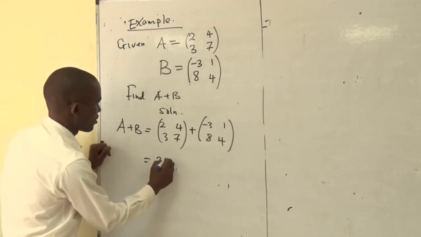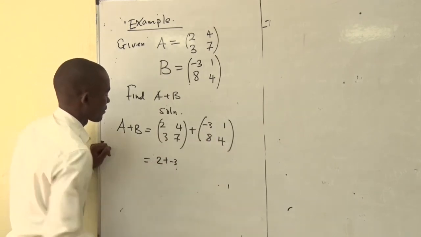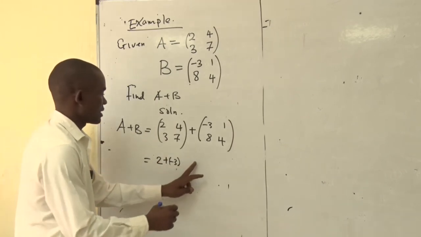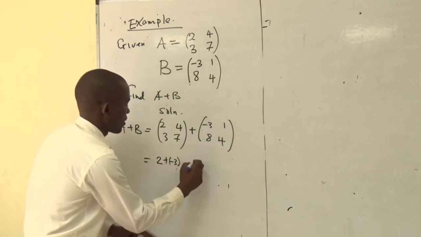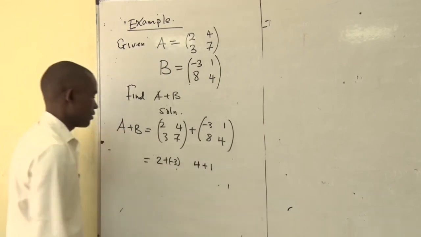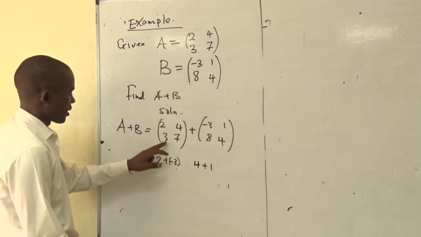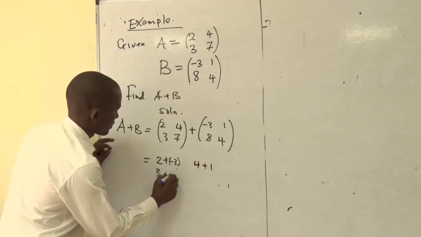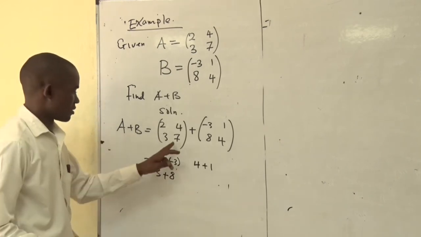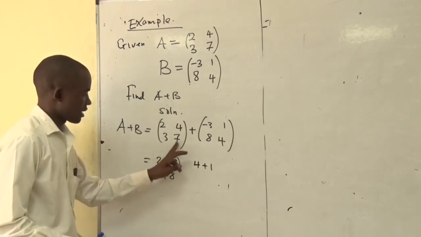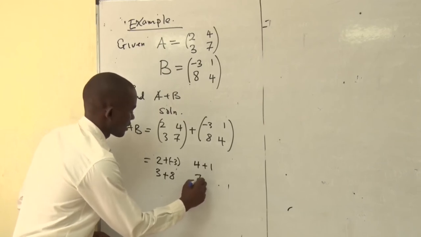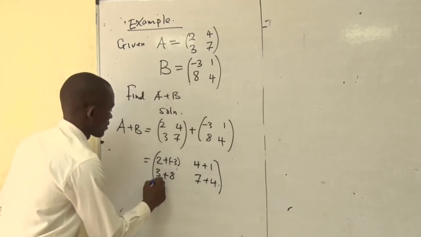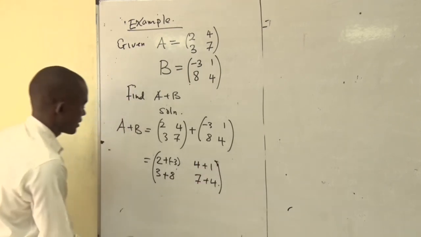So we'll be having 2 plus minus 3. Then you skip some space, then you take 4 plus 1. You come to the second row here, 3 plus 8. Then you skip some space again, you take this second one plus this second one, 7 plus 4. Then you can have your brackets like that.